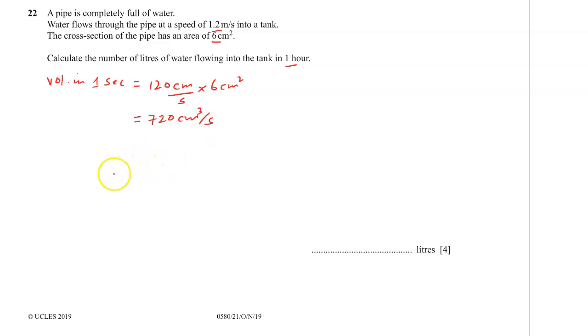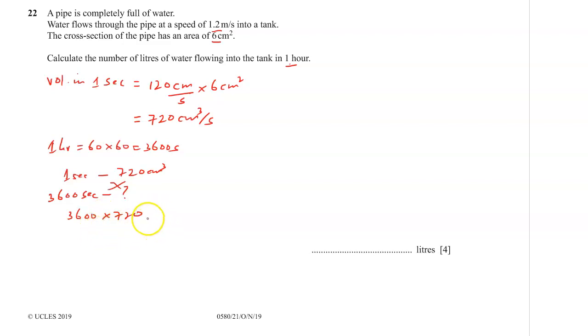In 1 hour, 1 hour is equal to 60 minutes times 60, which is 3,600 seconds. So if 1 second volume is 720 centimeters cubed, then in 3,600 seconds we multiply 3,600 times 720.